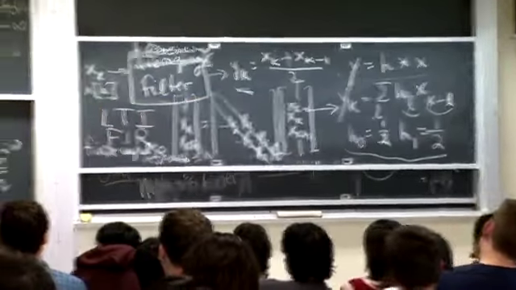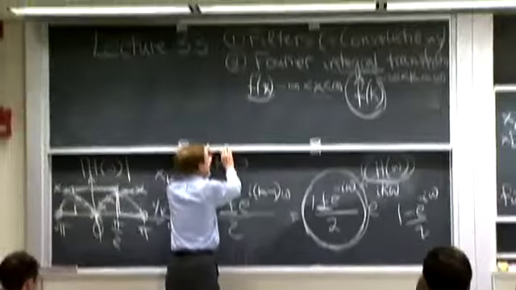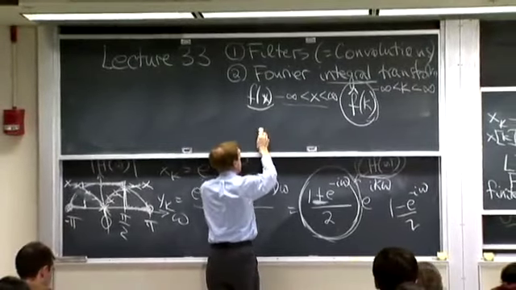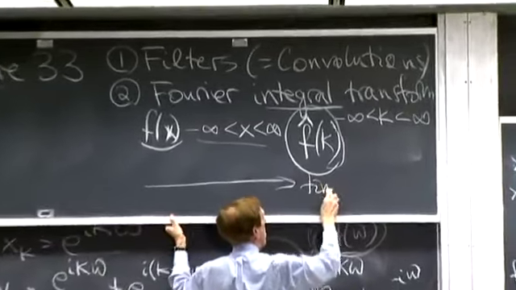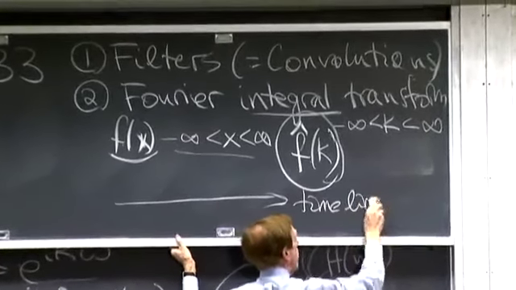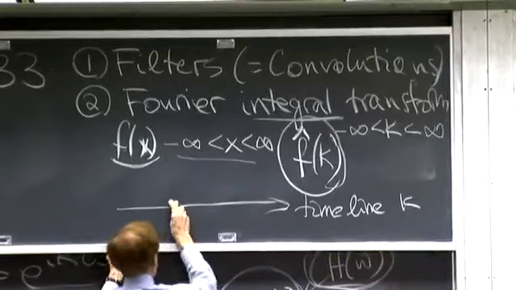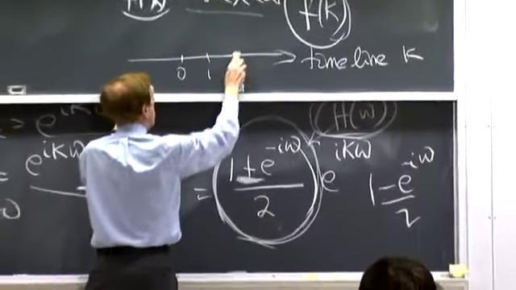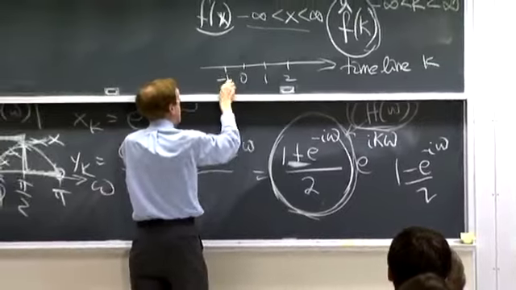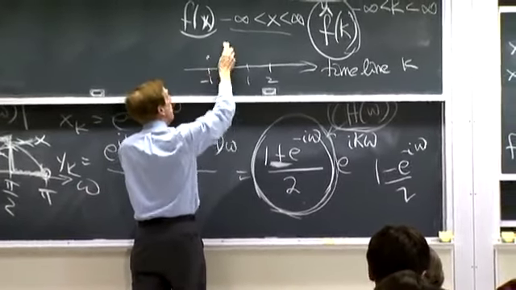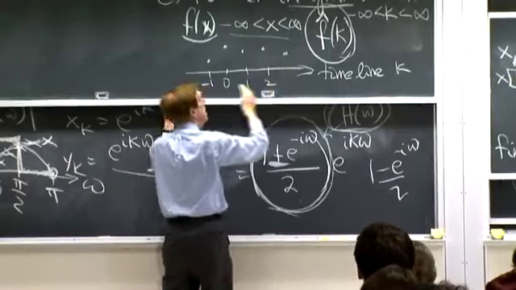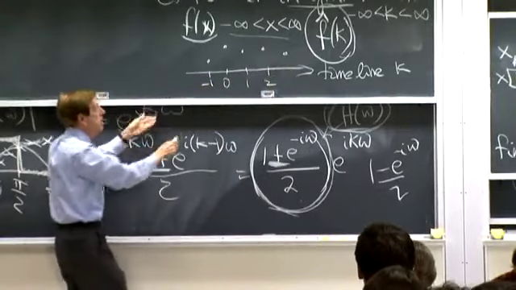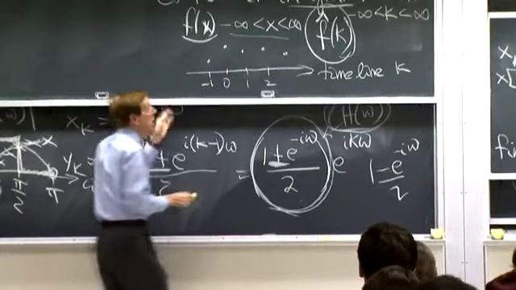Here is the timeline, the different k's: k equals minus 1, 0, 1, 2. And I have x minus 1, x0, x1, x2, x3. So that would be a little bouncy up and down.